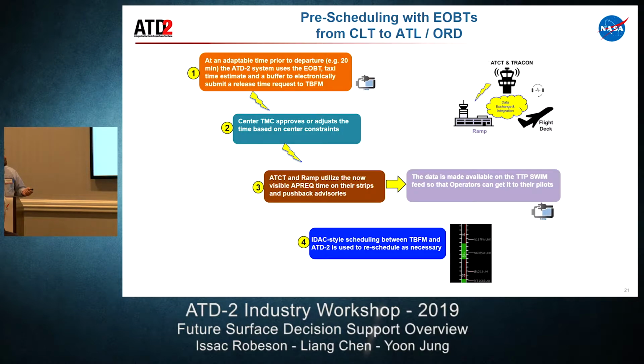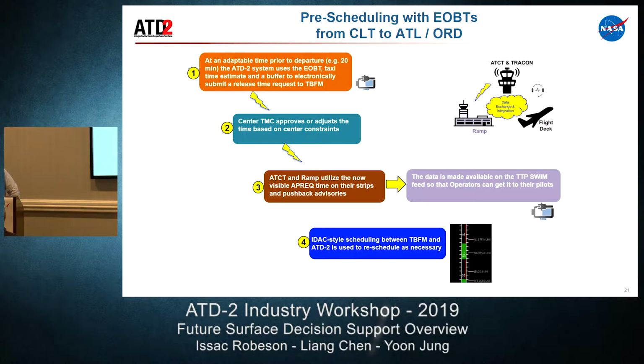And then we're also doing pre-scheduling. Bob is going to have an entire session on the release times and pre-scheduling, but we're pre-scheduling into Atlanta and ORD. At 20 minutes prior to earliest off-block time, we electronically send a request for a release time to TBFM. If TBFM is in auto mode, it'll automatically respond back and say yes or no, you can have that time, and it'll give you a time that it can make if it can't make that specific time.